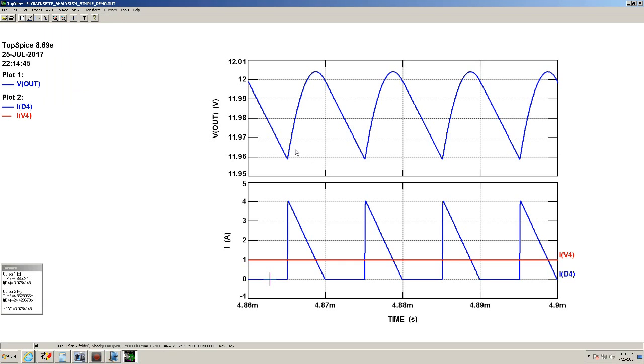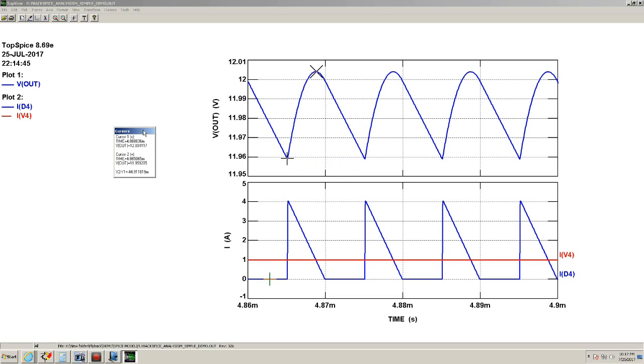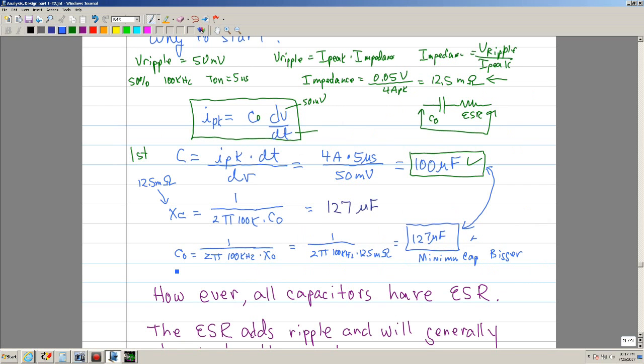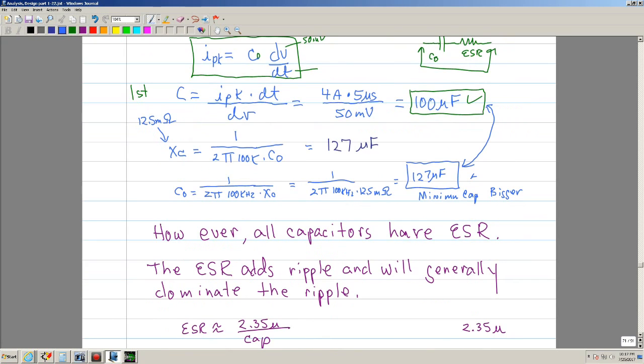Here's the delta. Put a cursor here, put a cursor here. 44.9 millivolts. So it's from here to here.